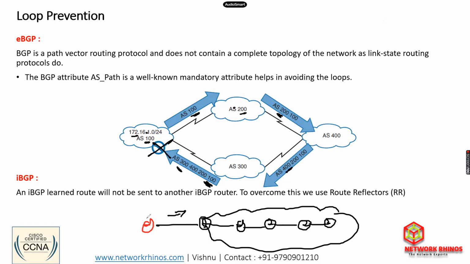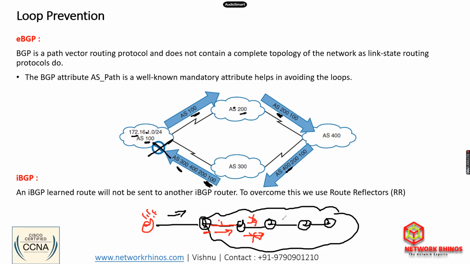Imagine I'm learning 1.1.1.1. This router is learning the same 1.1.1.1 prefix from eBGP. This can be sent to my iBGP, but the same prefix will not be sent to my iBGP neighbor. So an iBGP learned route will not be sent to another iBGP router.